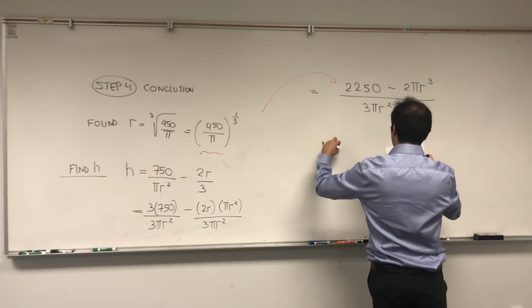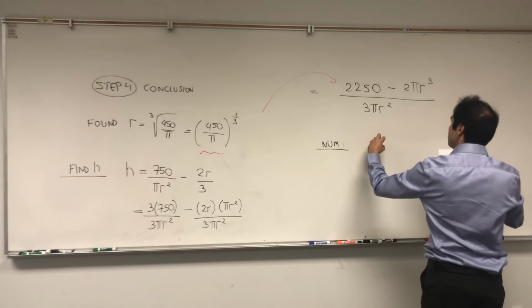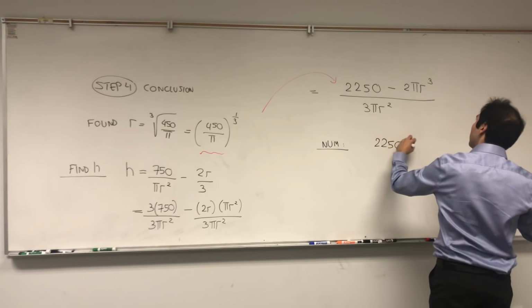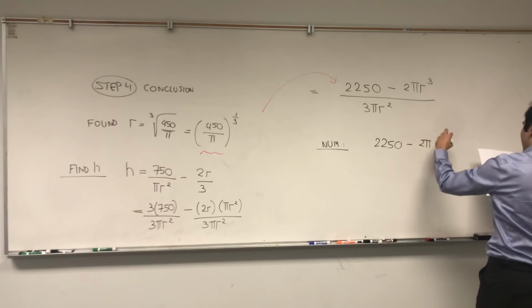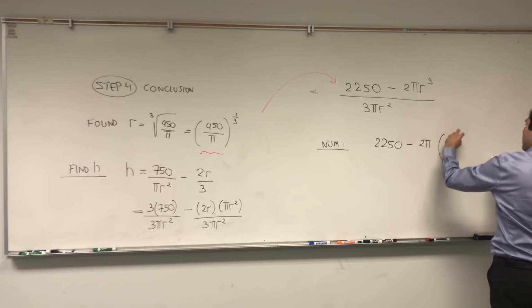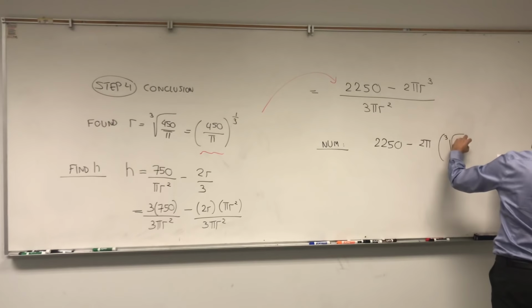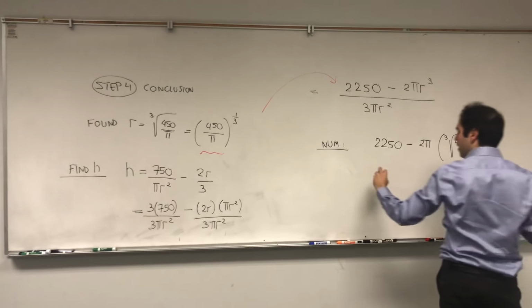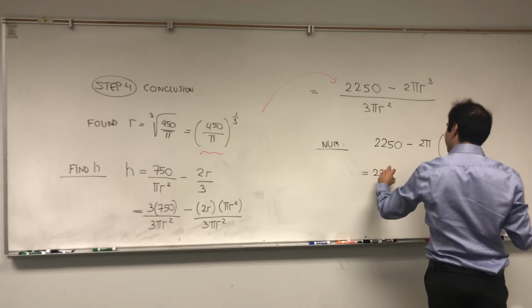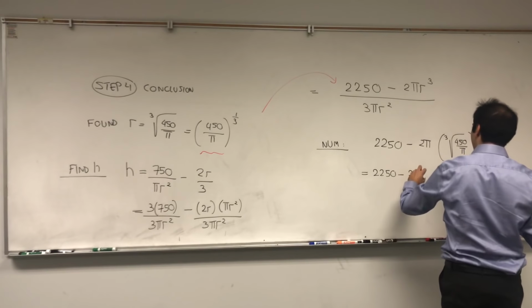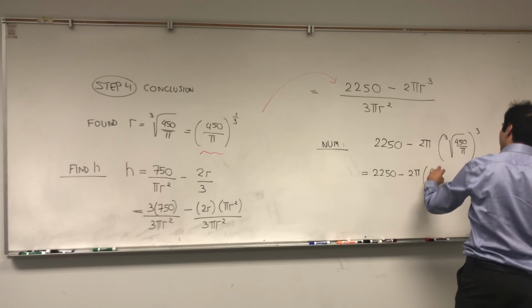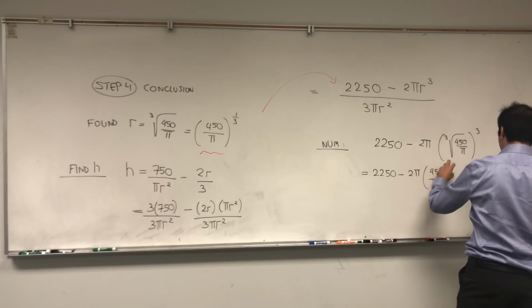So the numerator becomes 2250 minus 2 pi r cubed. So 2 pi times the cube root of 450 over pi, cubed. That becomes 2250 minus 2 pi times 450 over pi.